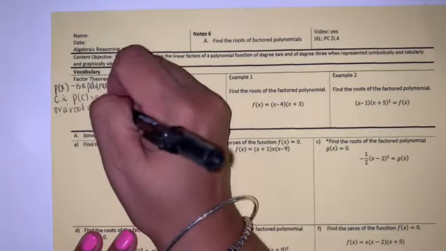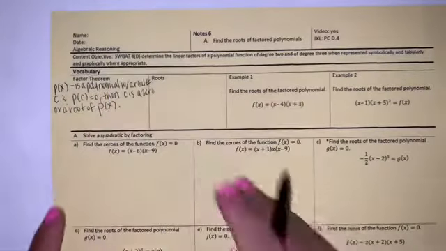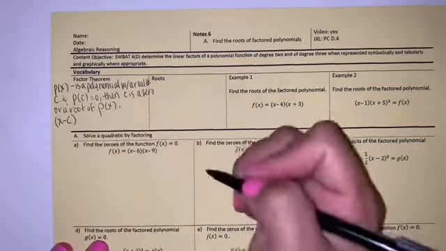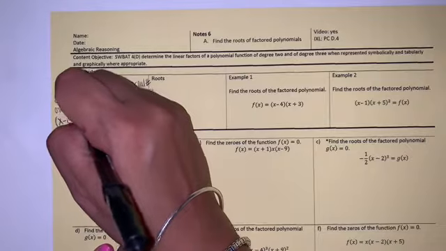of P of X. So basically you're saying that if you have some binomial, so say I have X minus C, which is a binomial, it is a linear factor.